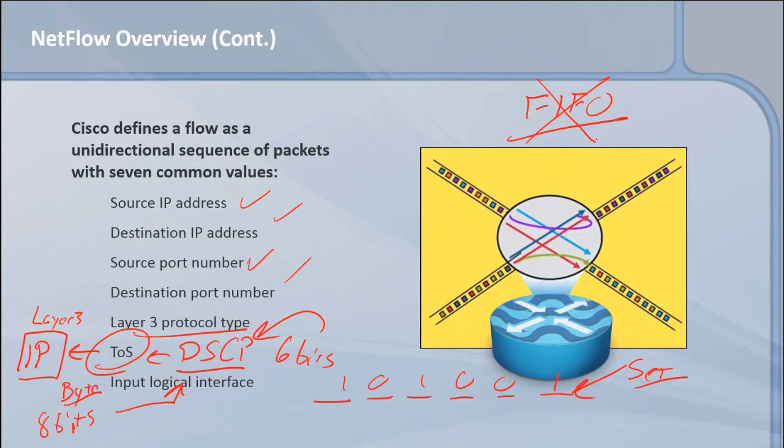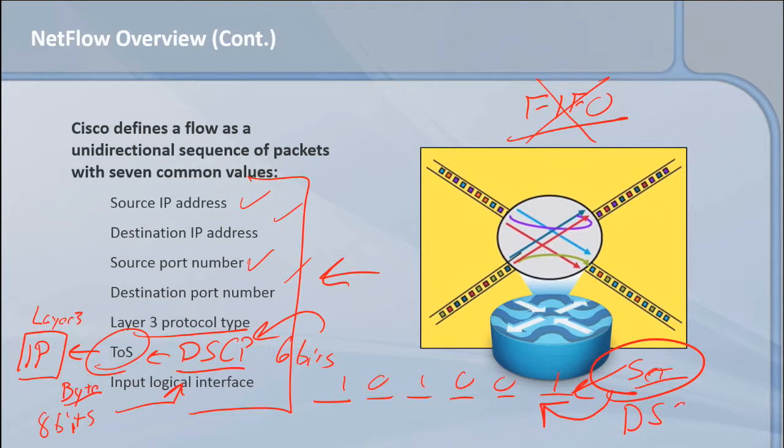Using NetFlow, we can see what's happening with our applications, who's taking up the most bandwidth, who's getting stepped on. We're going to observe our NetFlow stats by collecting this data. Once we collect this data, we create our reports. We can tell which applications are more important than others, and we can set parameters called differentiated services code points that really live in the type of service field, which lives in the IP header.